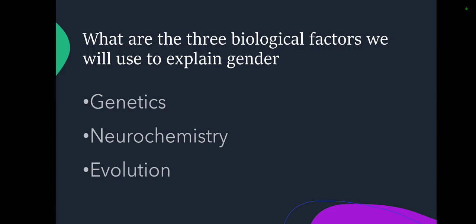Neurochemistry, which again is more related to biological sex but can have an impact on later gender identity issues, and then the role of evolution latterly. Those are the 3 things we're going to talk about. A lot of this, specifically genetics and neurochemistry and also evolution to a certain extent, you're already familiar with, so I hope this content isn't too difficult for you.